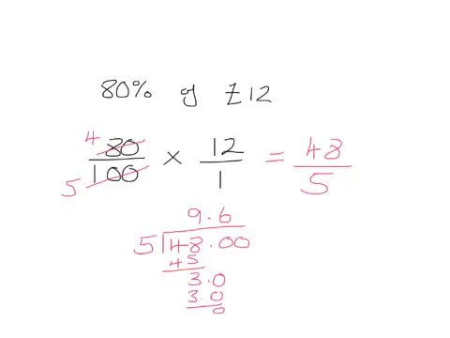So 80% of £12 is going to be £9.60. Please notice that if it's money, you need to take your answer and you need to understand that 9.6 is the same as £9.60. And you need to make sure that you've got two decimal places after the decimal point.